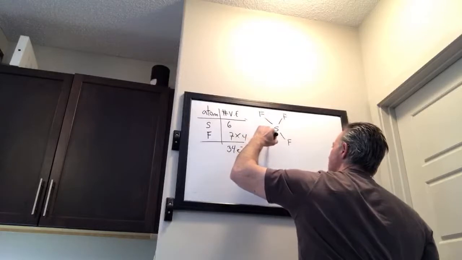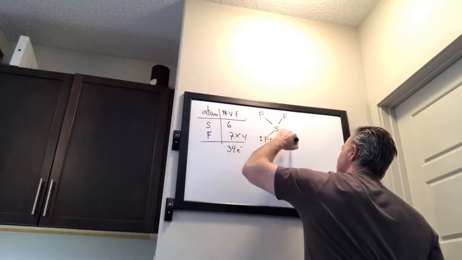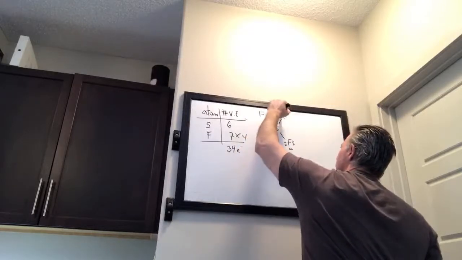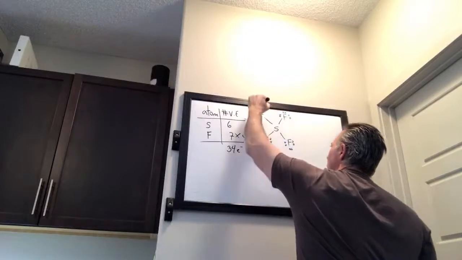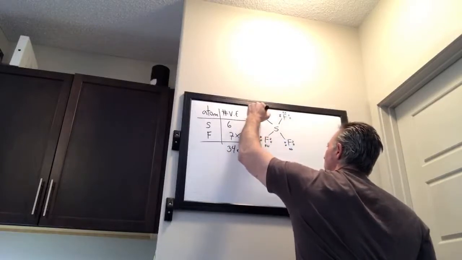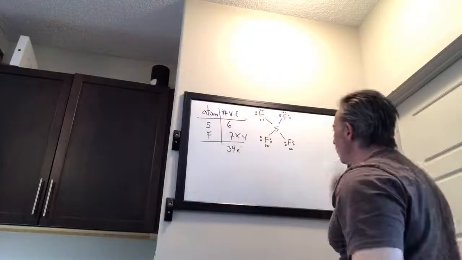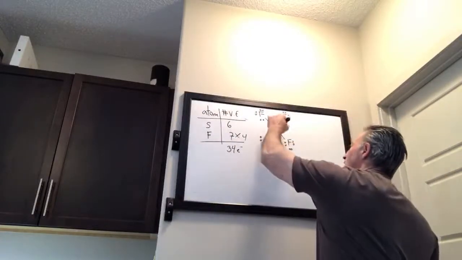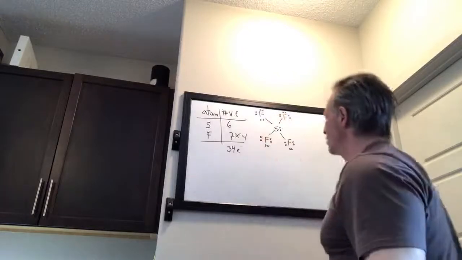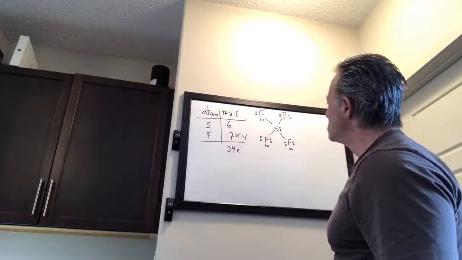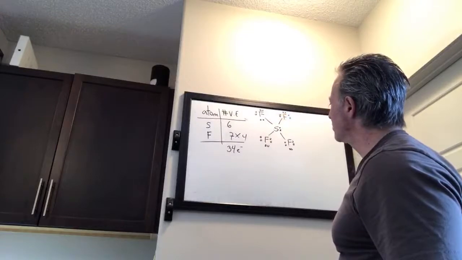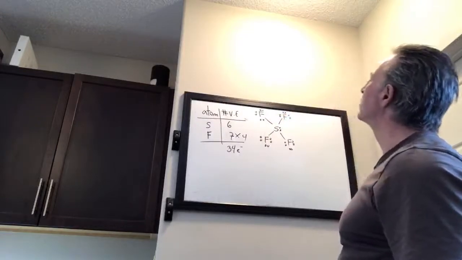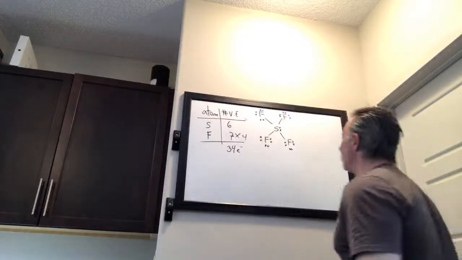Fill in the octets. Four times 6 is 24, 26, 28, 30, 32. You're going to have one on the centrally located atom. Double check for that. 4 times 7, 28 plus 6, yeah, 34. So 34 electrons are accounted for.